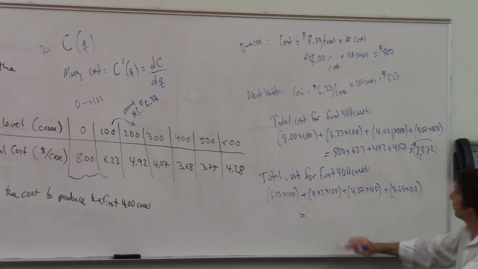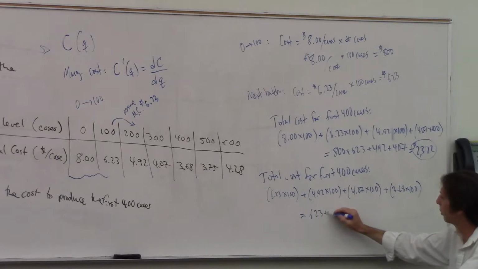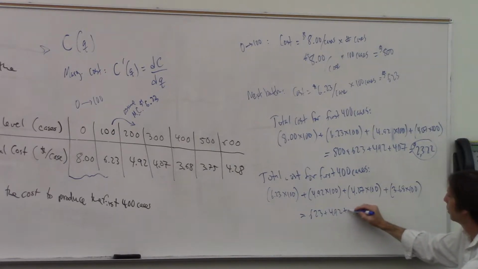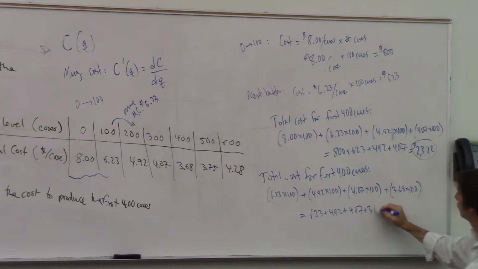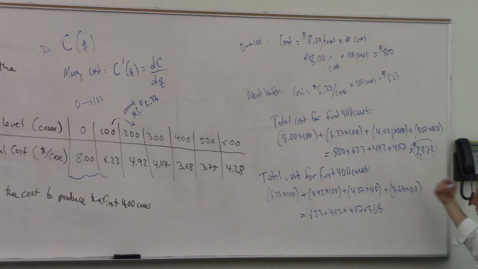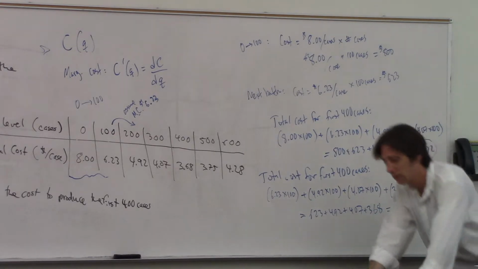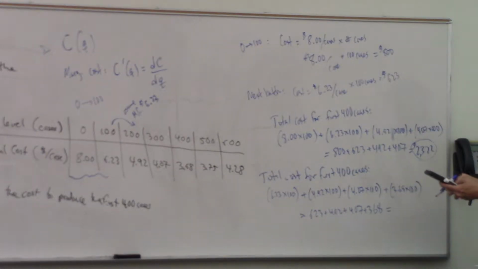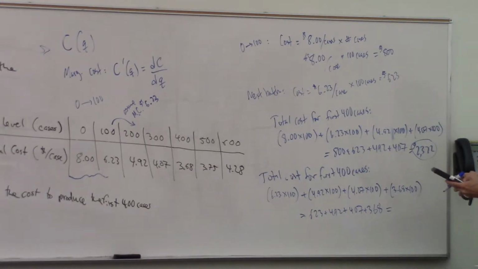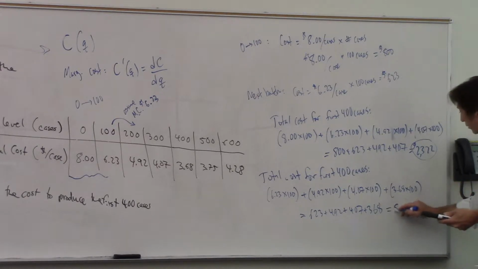If I add up all of these numbers, this is 623 plus 492 plus 407 plus 368. Notice that they're different numbers this time than the previous calculation. And the value that I get here for the estimated cost is $1,890.